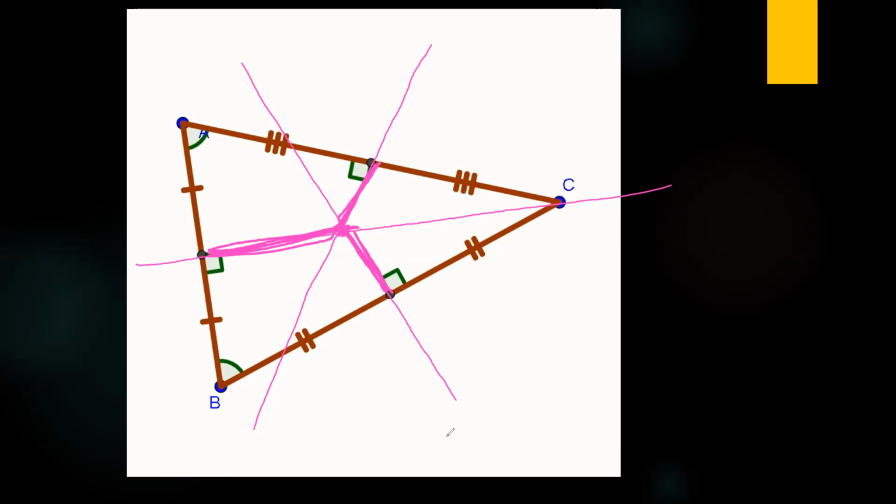But for the second one, we have the triangle and an angle bisector.